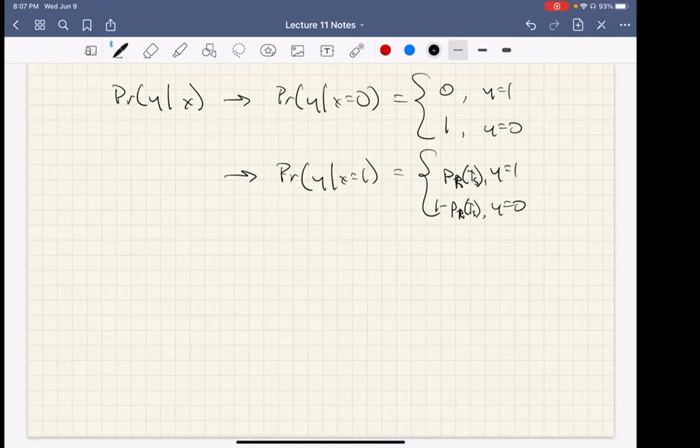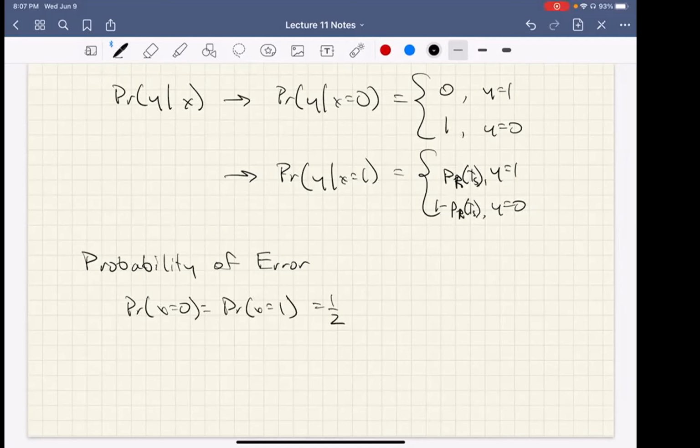We can go further and calculate the probability of error, which is very simple. So let's say the probability that x is 0 is equal to the probability that x is 1, which is 1/2. In that case, an error occurs if I decide a 0 when a 1 was sent and I decide a 1 when a 0 was sent.